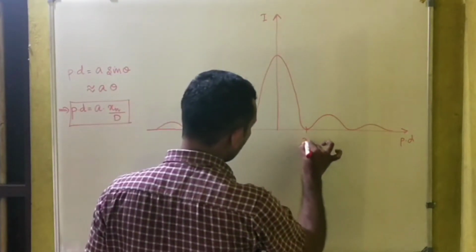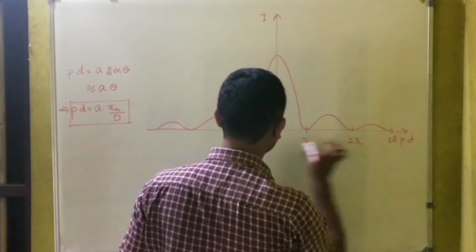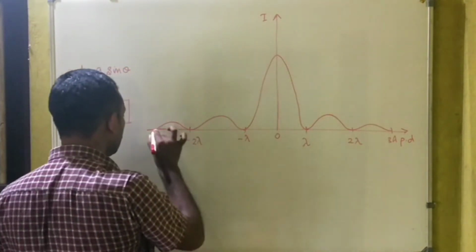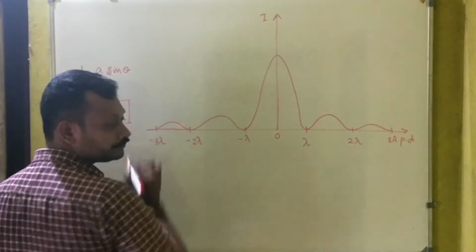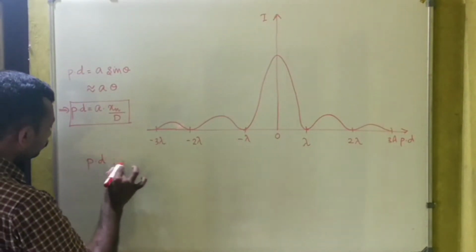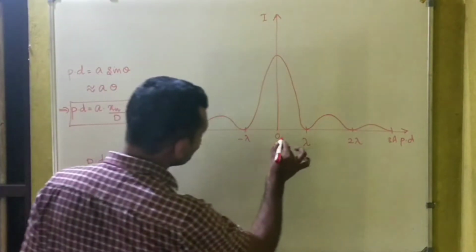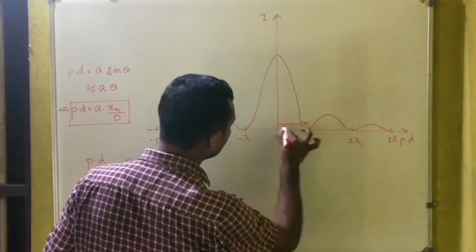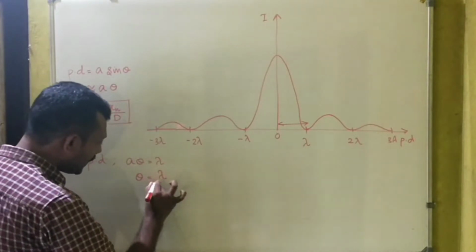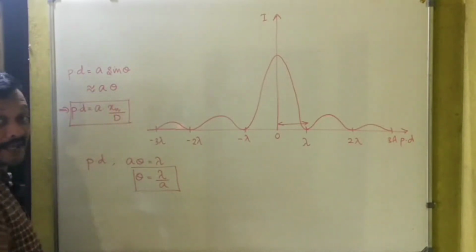We have lambda, 2 lambda, 3 lambda, 0, minus lambda, minus 2 lambda, minus 3 lambda. Path difference a theta equal to lambda is this distance. From here I can say theta is equal to lambda by a. This is the half angular width of the central maxima.